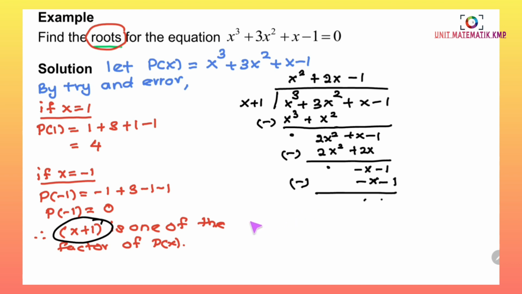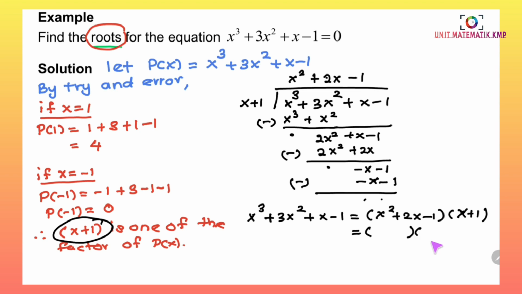So x power 3 plus 3x squared plus x minus 1 is equal to q(x), x squared plus 2x minus 1, times the divisor x plus 1, plus the remainder 0. Now we need to check whether we can factorize the quadratic expression.